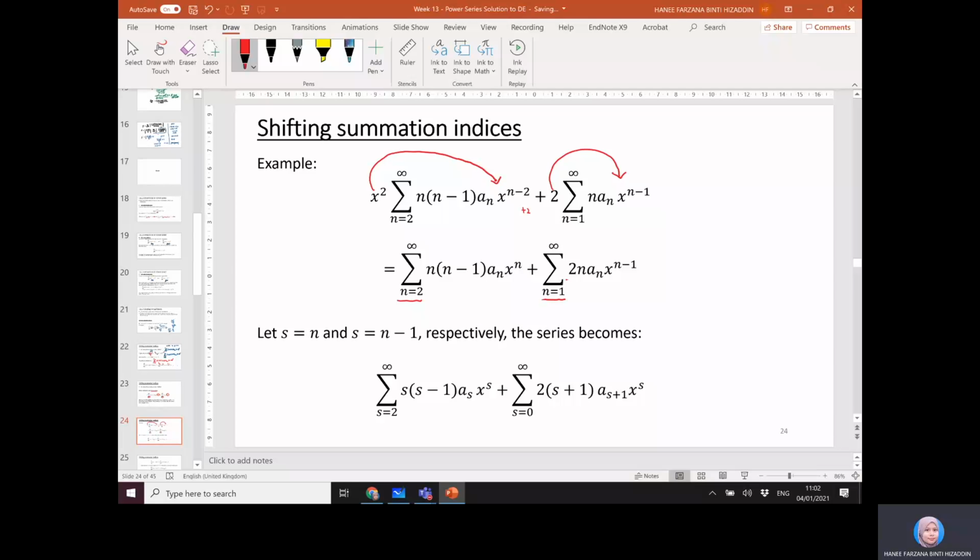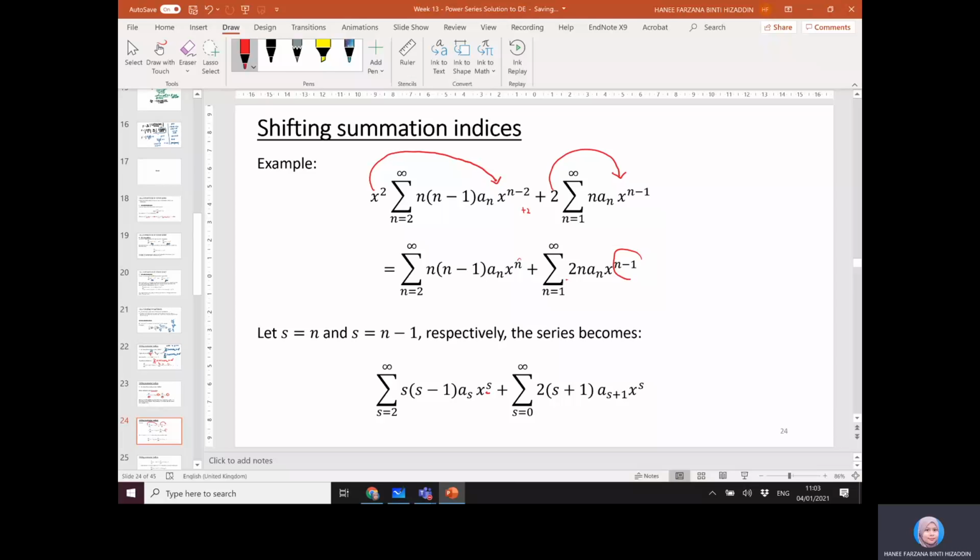So now let's do this separately for each series. Here we want to change from n minus 1 to just n, or anything, just not with the minus 1. It can be just n, just s, anything.